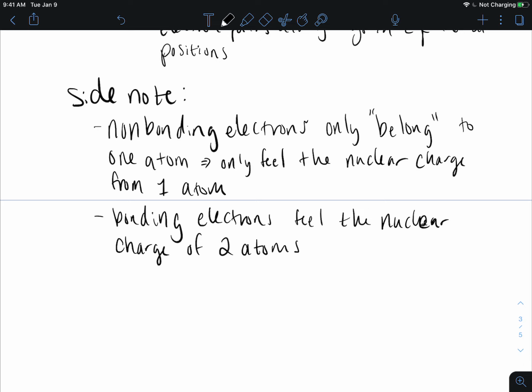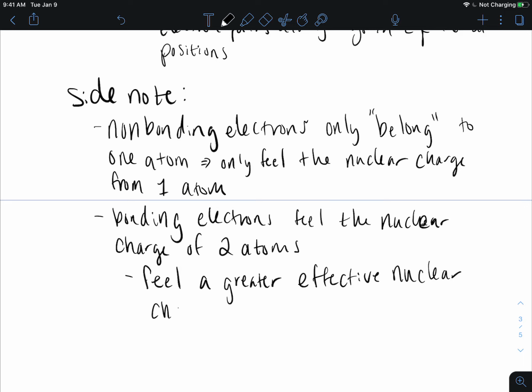So our bonding electrons feel a greater effective nuclear charge than non-bonding electrons.